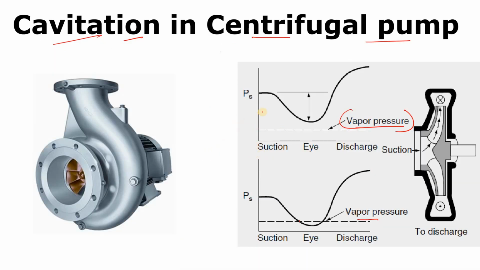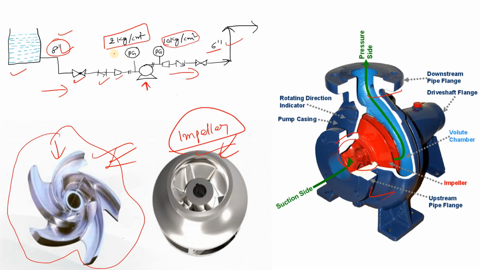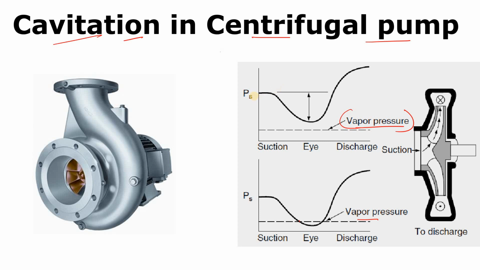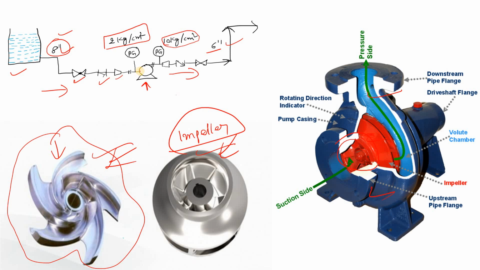Okay, see here, your suction pressure is 2 kg. Let's suppose 2 kg per centimeter square is here, and after that your fluid will go into the centrifugal pump. Let's suppose it is going here.